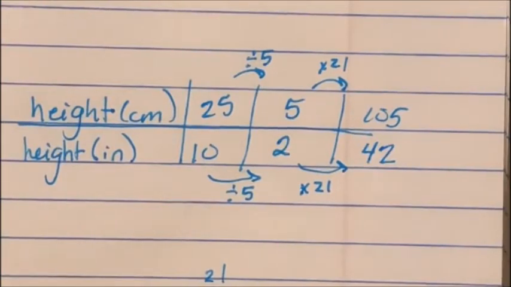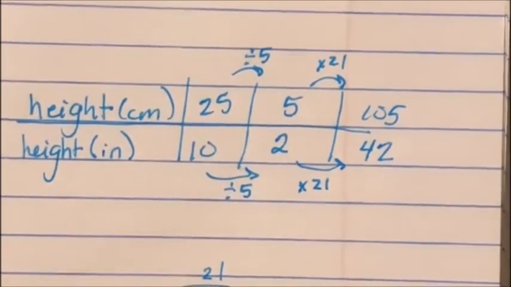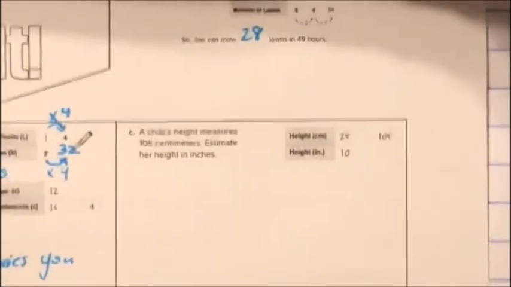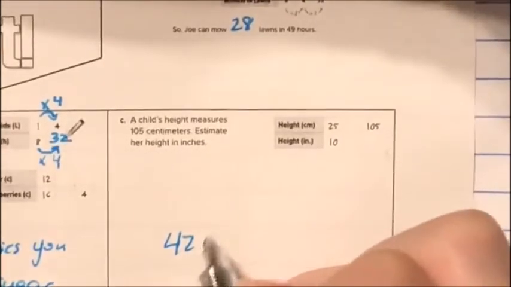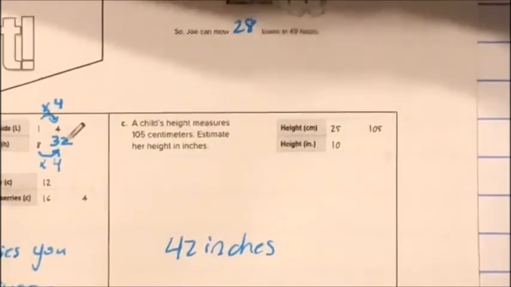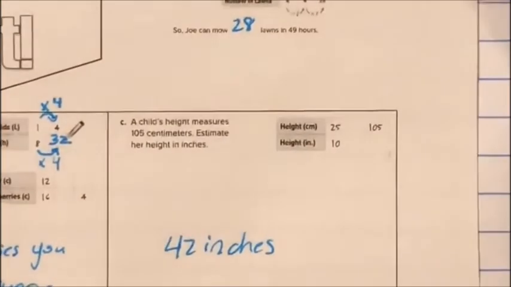So a child's estimated height in inches is going to be 42 inches. So about 42 inches. Okay, and that is the end of lesson 4.